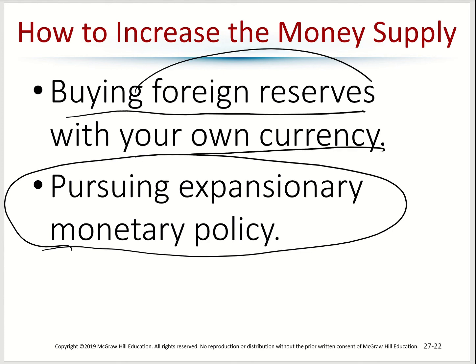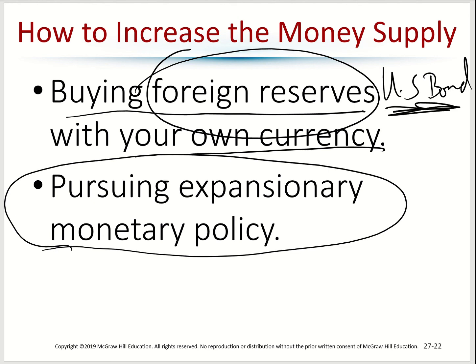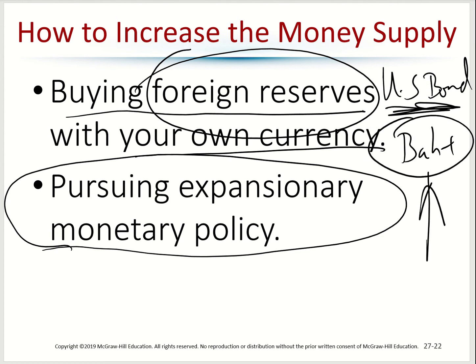Think of this foreign reserve as US debt, so US government bonds. If the Thai central bank is buying US government bonds, they're going to pay for it with Thai baht. And this actually increases the supply of Thai baht. Right? So there are more Thai baht in the world market.